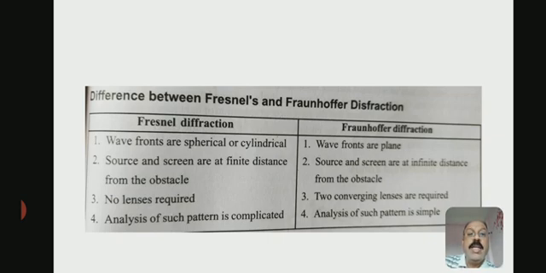No lenses are required for Fresnel diffraction, but two converging lenses are required to obtain Fraunhofer diffraction. Analysis of the Fresnel pattern is complicated, whereas analysis of the Fraunhofer pattern is simple.